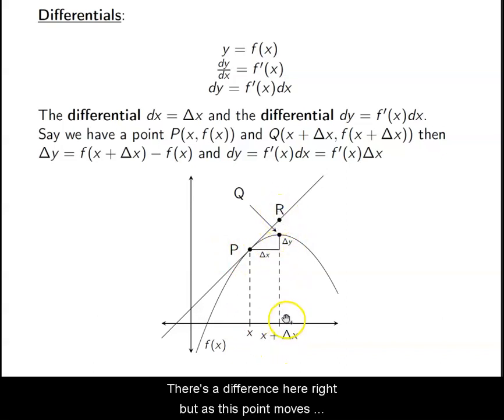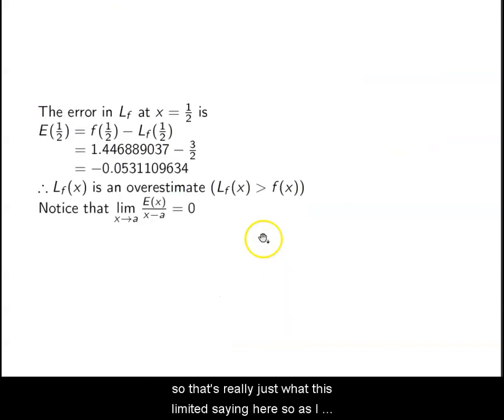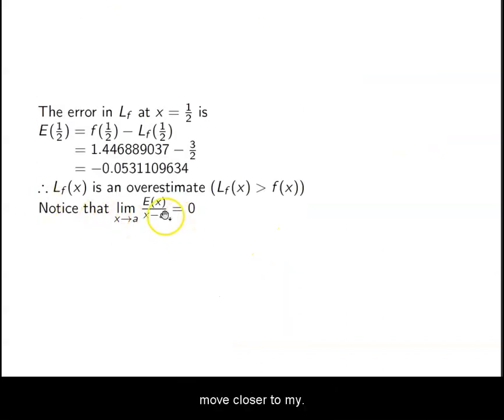But as this point moves closer and closer to being just p, the error gets smaller and smaller until there's no error. So the closer I am to my point of interest, my tangent point, my point of similarity, the smaller the error is going to be. That's really just what this limit is saying: as I move closer to my point, my error goes to 0.